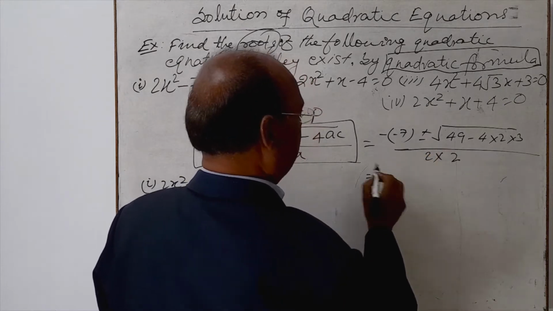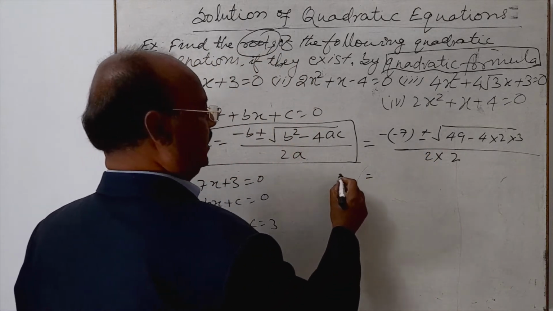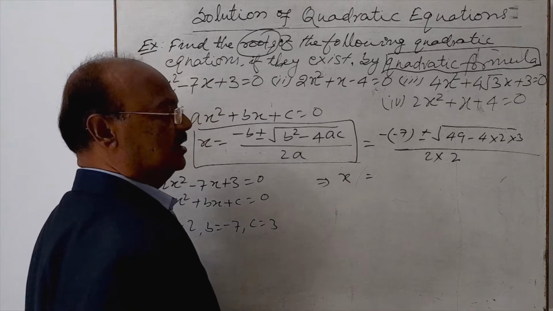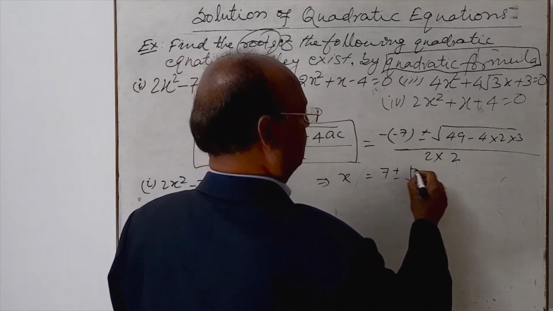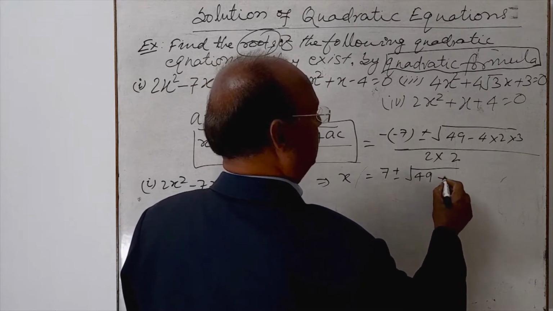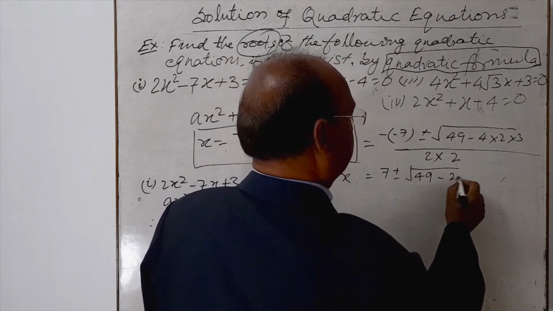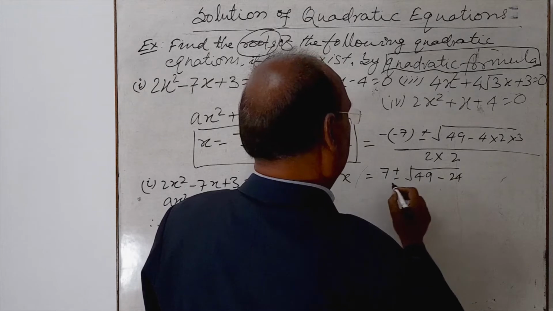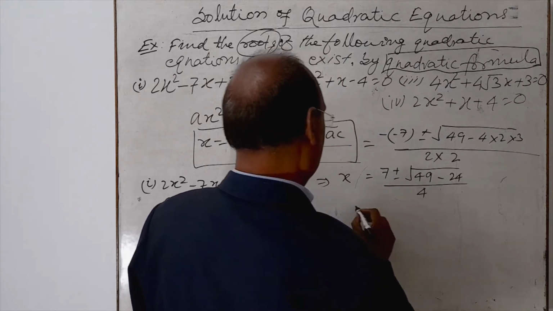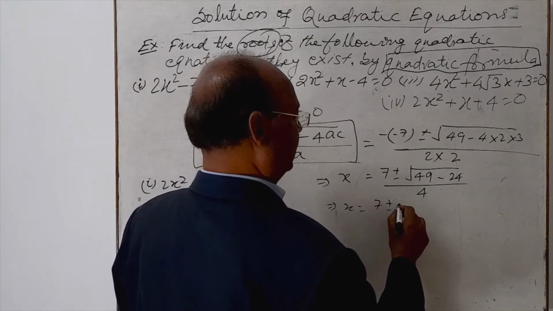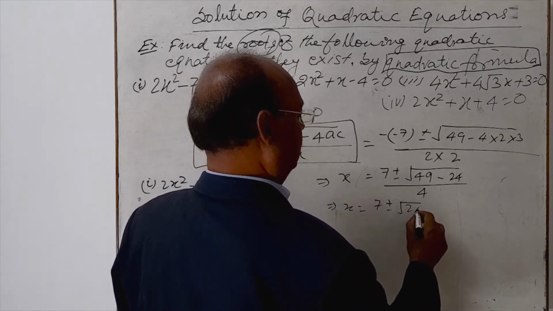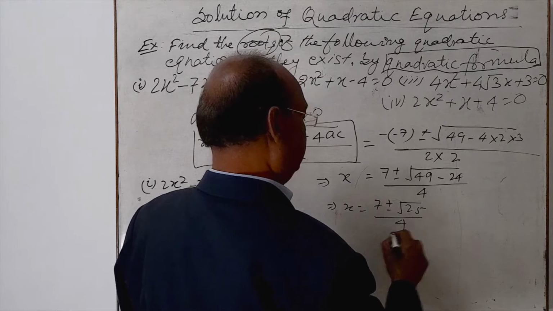Correct? Now simplify it. So we will get, therefore, x is equal to 7 plus minus root over 49 minus 24, divided by 4. And x is equal to 7 plus minus root over 25, divided by 4.